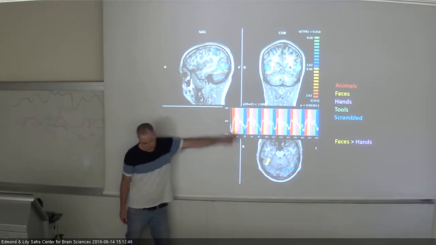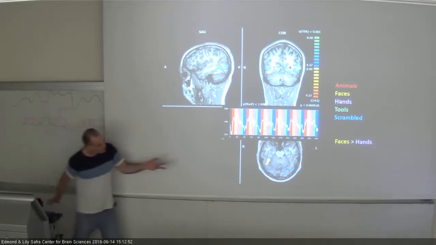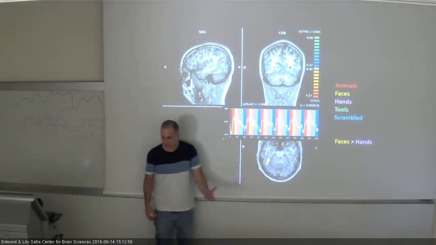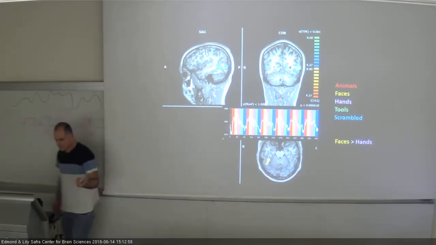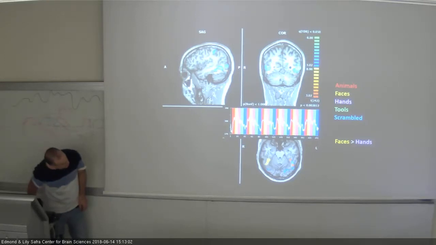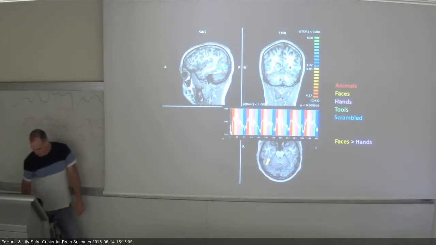You can see the rise here. If we raise the threshold, now the p-value is smaller and the number of voxels is smaller. We get a smaller cluster, but a slightly larger effect. I'm not sure you can see it here, but the signal stretches a bit.